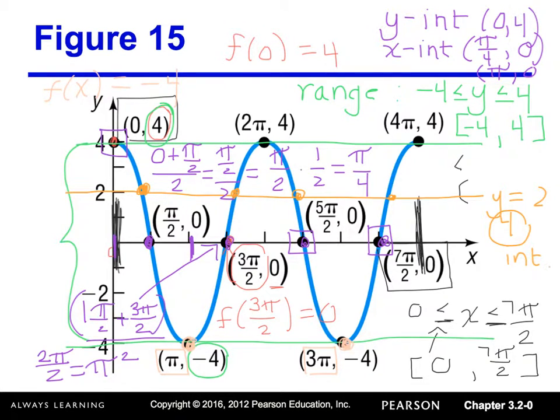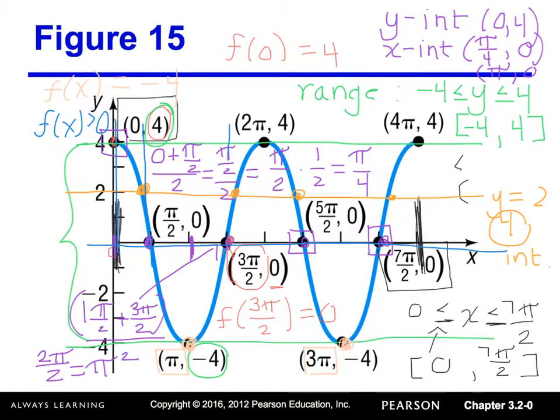And finally, we were asked to identify where f of x is greater than 0. So again, f of x is just y. Where is y greater than 0? Well, y is 0 here on the x-axis. So we can see that it's greater than 0 between here and here, because the blue graph is above the x-axis there.